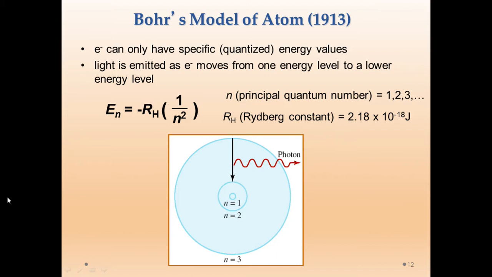This energy can be calculated by using this formula according to the Bohr model of the atom, where, as you know, n is your principal quantum number. Guys, for your information, the principal quantum number here refers to the number of the orbit. We have a first orbit, a second orbit, a third orbit, and so on.